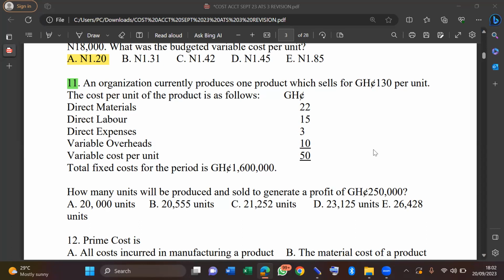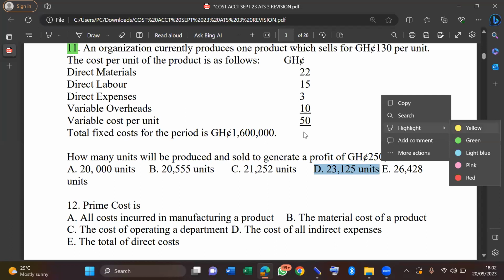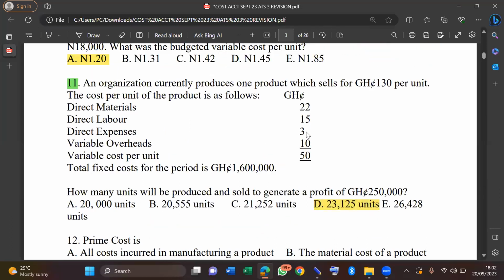How many units will be produced and sold to get our target profit of 250,000 naira? Confirm. Esther is correct. She has already solved it.